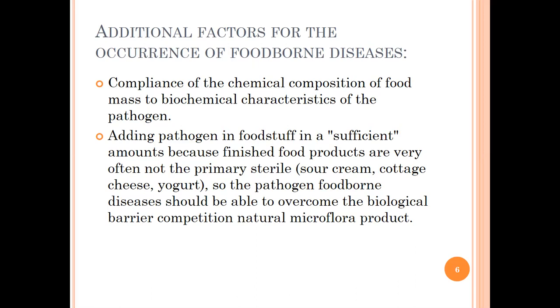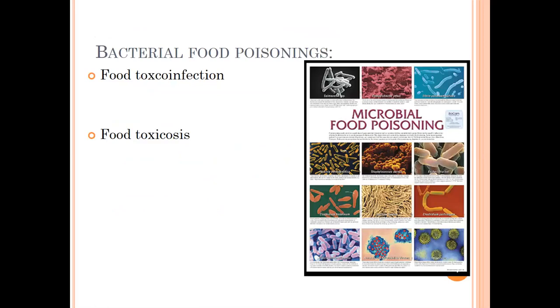For example, sour cream or cottage cheese or yogurt contain their own microflora, and to contaminate food and to cause foodborne disease, pathogen or opportunistic bacteria first need to overcome the natural biological barrier. It's like competition and a fight with the natural microflora in food products.